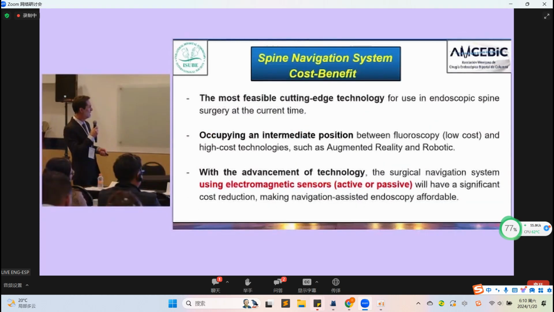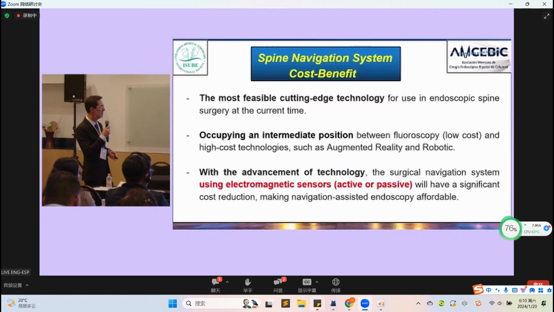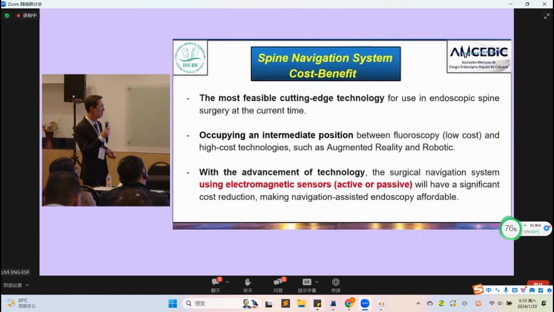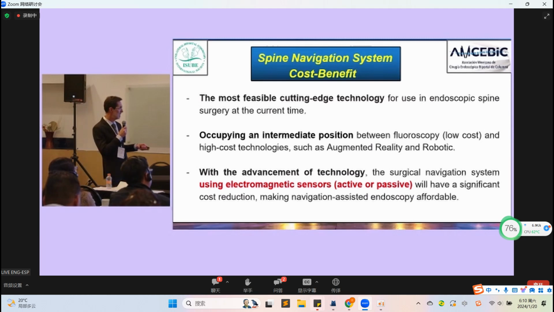Maybe spine navigation is the most feasible cutting-edge technology for use in endoscopic spine surgery, occupying an intermediate position between fluoroscopy, low cost, and high technology such as augmented reality and robotic surgery.